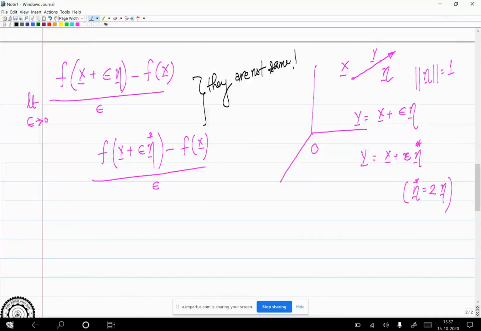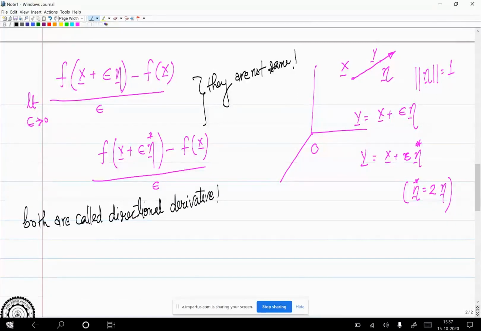But both are called directional derivative. I hope you got the idea of this directional derivative.